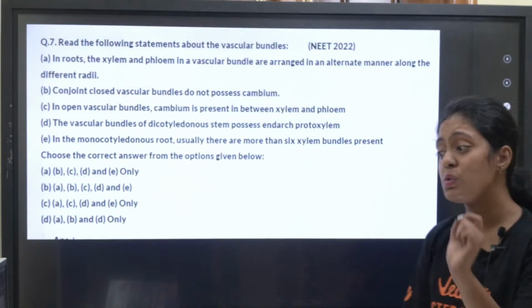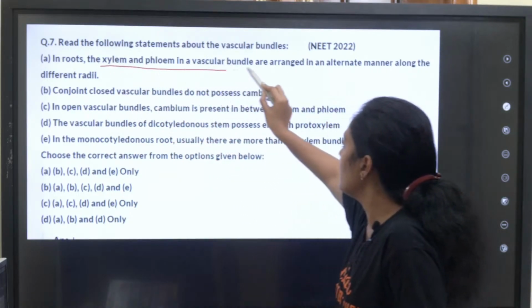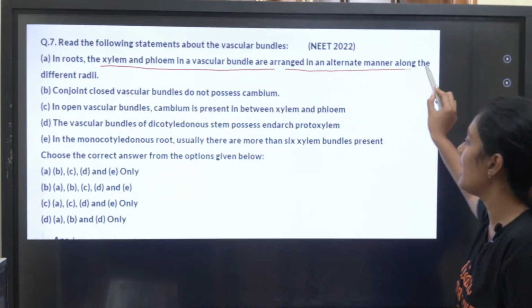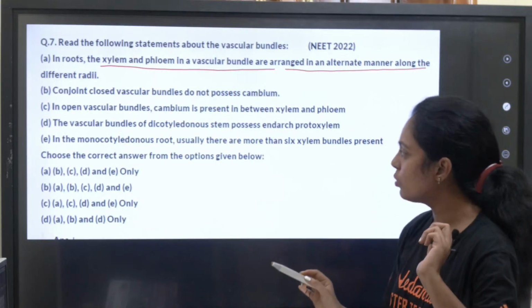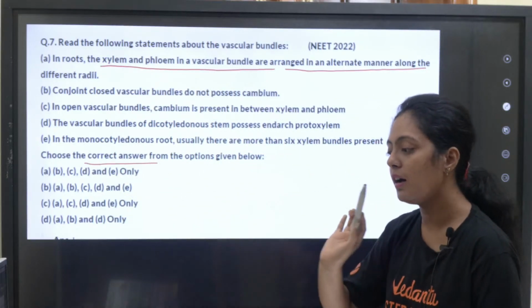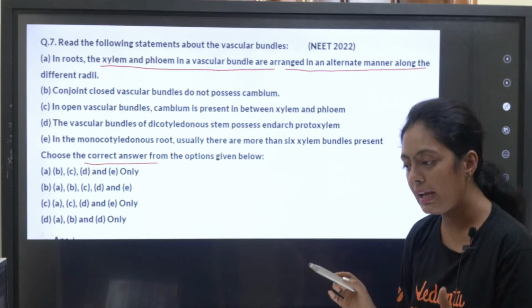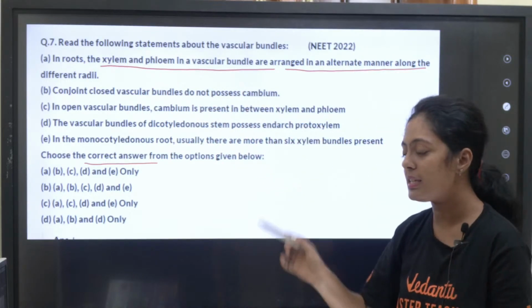This is a 2022 question. In roots, xylem and phloem in vascular bundle are arranged in an alternate manner along the different radii. 5 statements are given. You have to choose the correct answer from the options given below. Second, conjunct closed vascular bundle does not possess cambium.